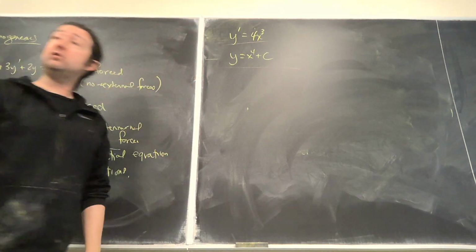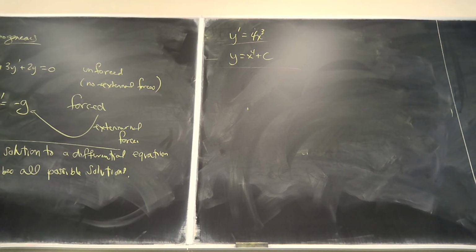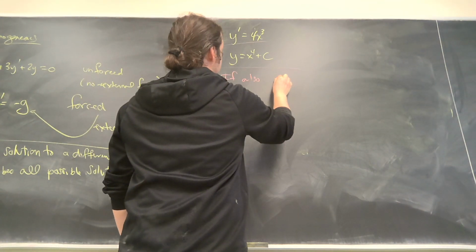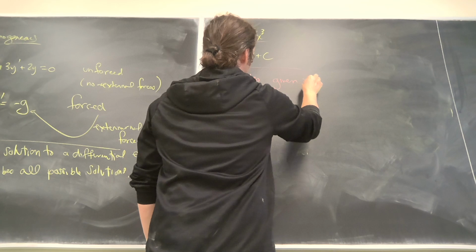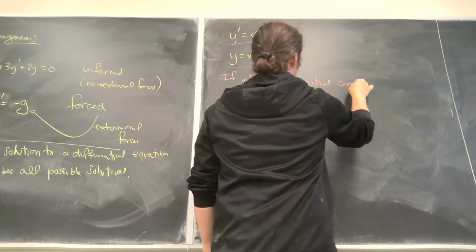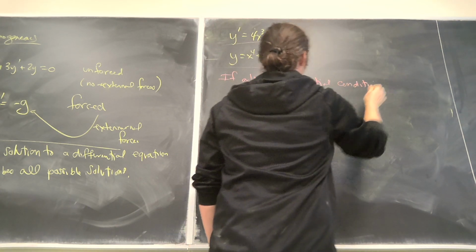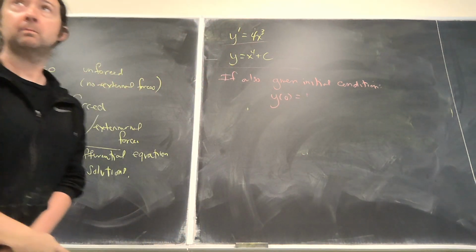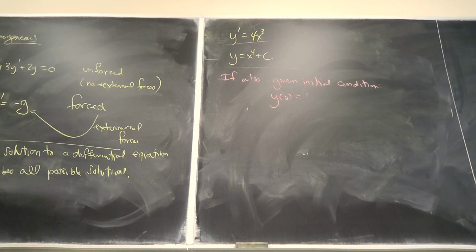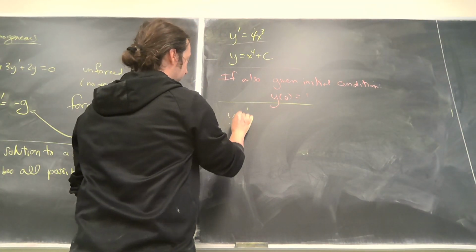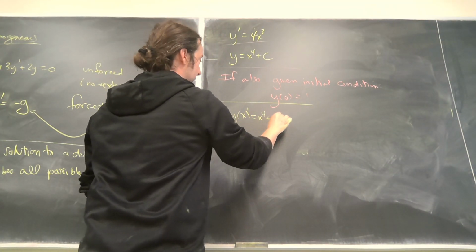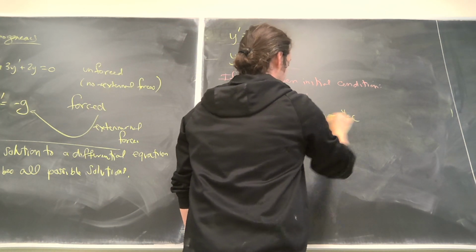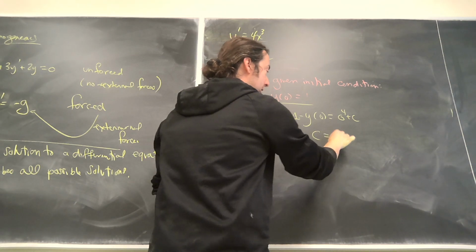If also I give you an initial condition, suppose I told you that I want the solution so that y of 0 is equal to 1. Well, then you would take your general solution, y of x is equal to x to the 4th plus c, but I want y of 0 to be equal to 0 to the 4th plus c, but that's supposed to be equal to 1, so c must be equal to 1.